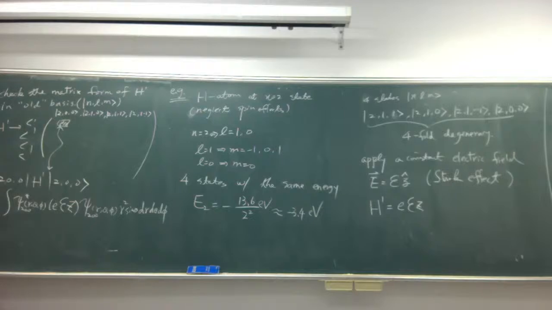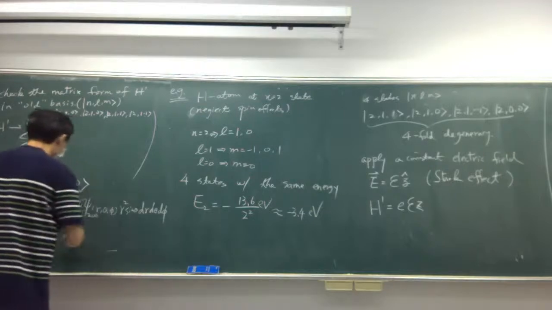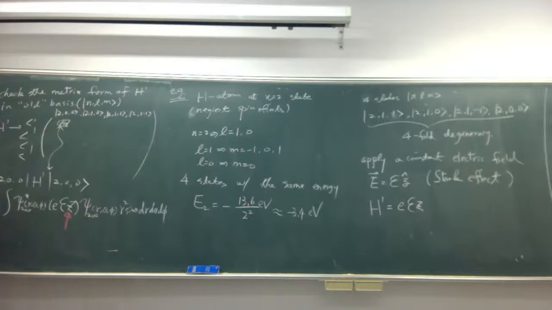And then you plug in the z. The epsilon is constant, and z equals r cosine theta. You plug that in, then you do the integration.